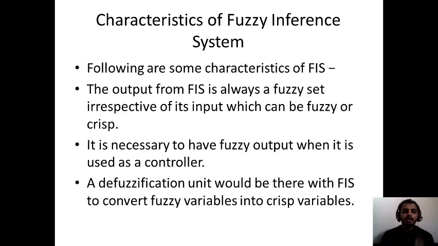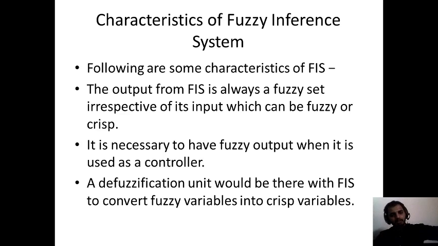The output of FIS, or fuzzy inference system, is always a fuzzy set, irrespective of its input, which can be fuzzy or crisp. What do you mean by this? Whatever input you give to the fuzzy inference system, the output will always be fuzzy.